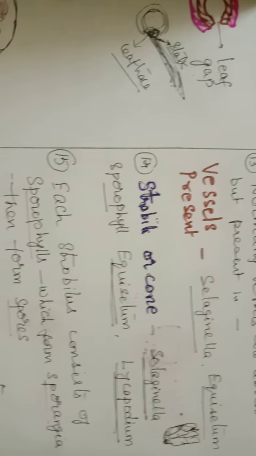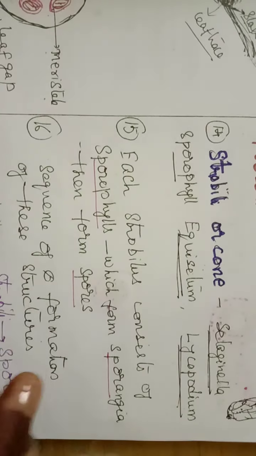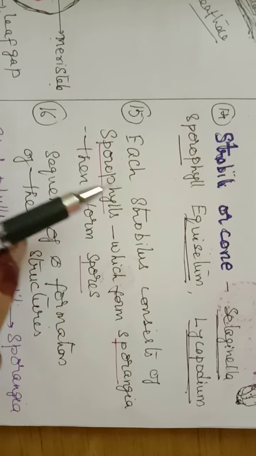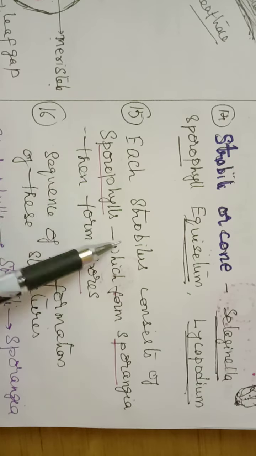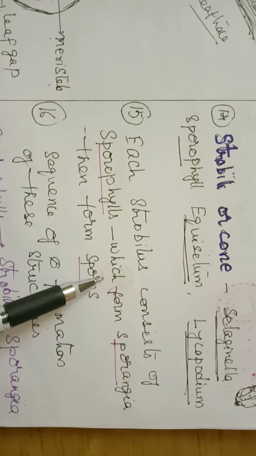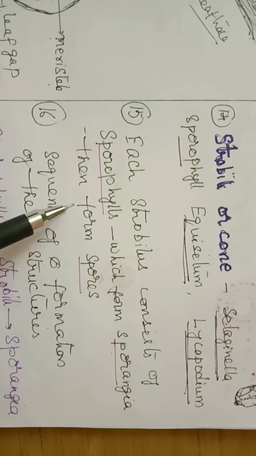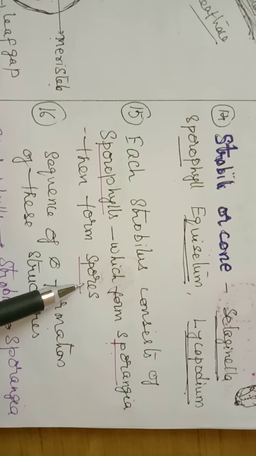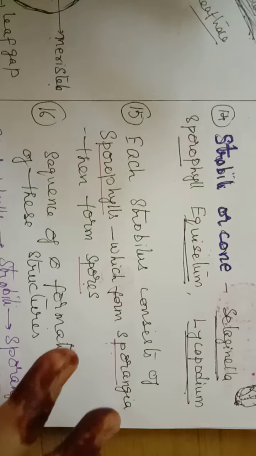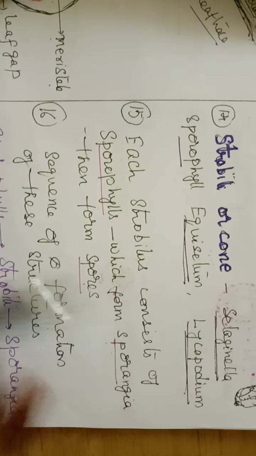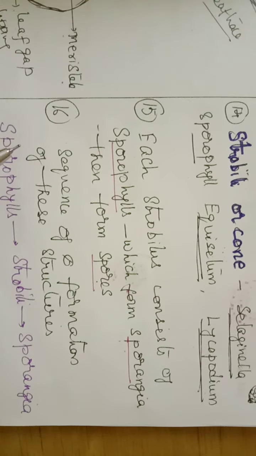Now, what does each strobilus consist of? Strobilus is the singular of strobili. Each strobilus consists of sporophylls which form sporangia, and then within the sporangia many spores are formed. Now here we have to see the sequence of formation.